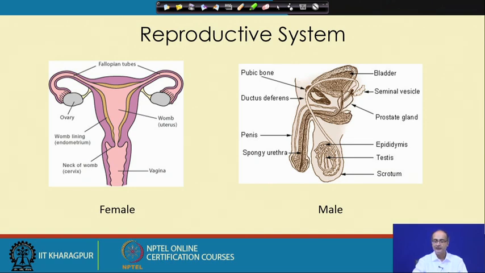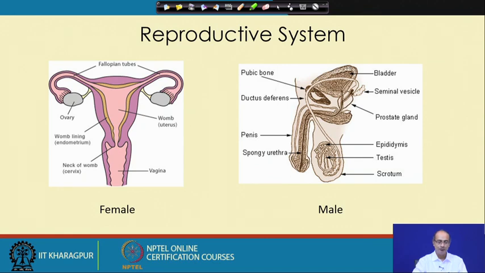It is done for a particular reason, the preservation of the sperm, which is stored here for some time, and for their preservation a particular temperature is needed. Now, if they are kept within the body, near the core temperature of the body, they would not survive. For their survival for a long time, a much lower temperature is needed. So, that is why by design it is placed outside the body.